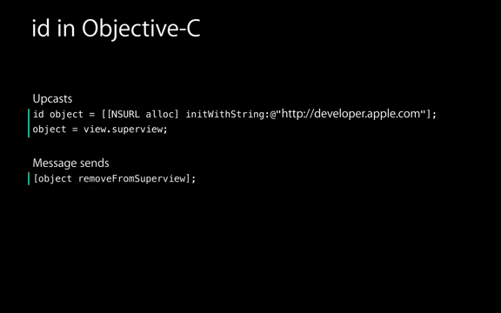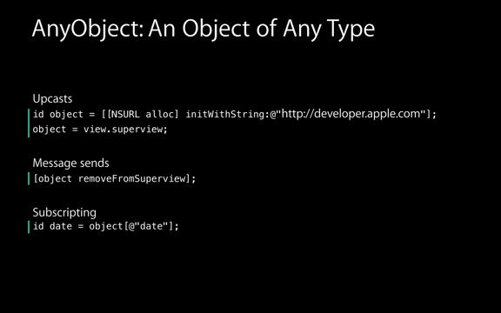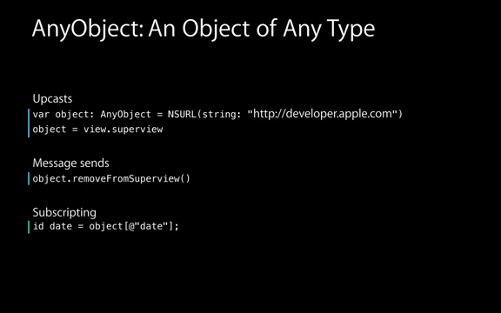I can do message sends to id, just by directly doing a message send. I can subscript an id if I really feel like it. In Swift, AnyObject is the equivalent to id. And it provides these same core operations, upcasting, message sends, subscripting, that you can do on id in Objective-C.